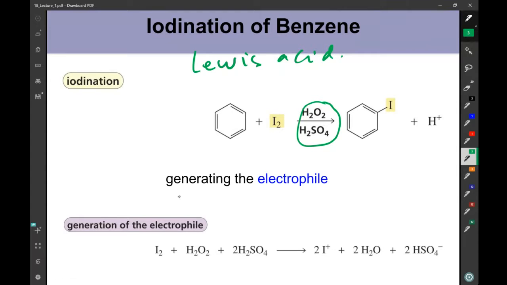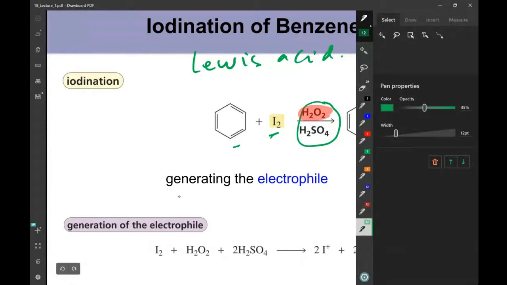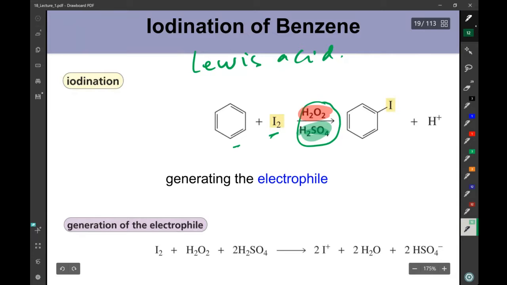Okay, so if you have your iodine molecule with a benzene ring in the presence of hydrogen peroxide and sulfuric acid, then you are able to form your iodination product.